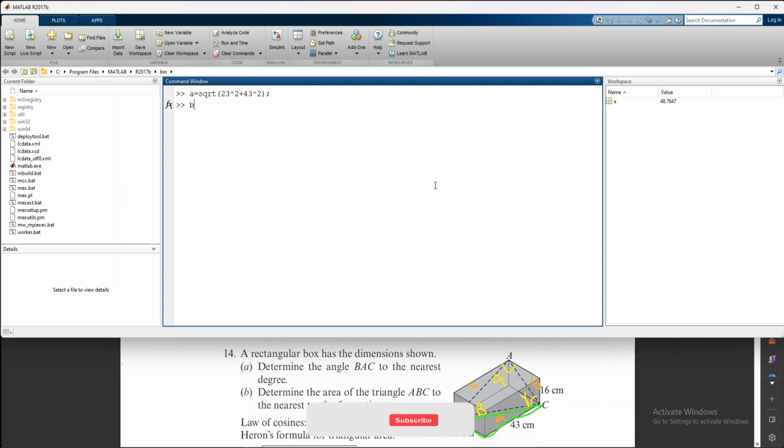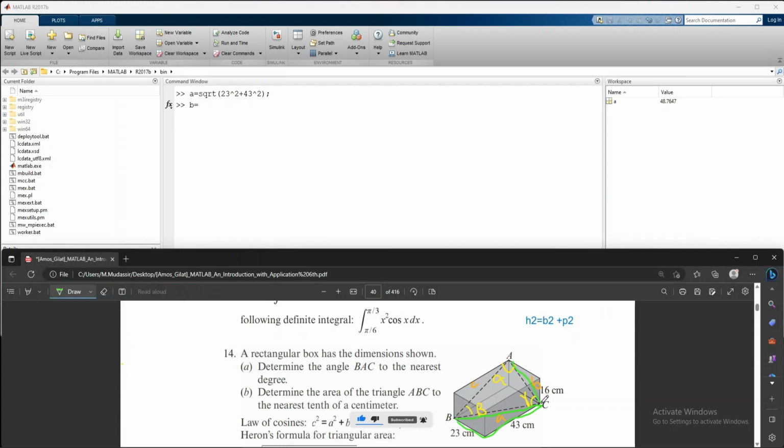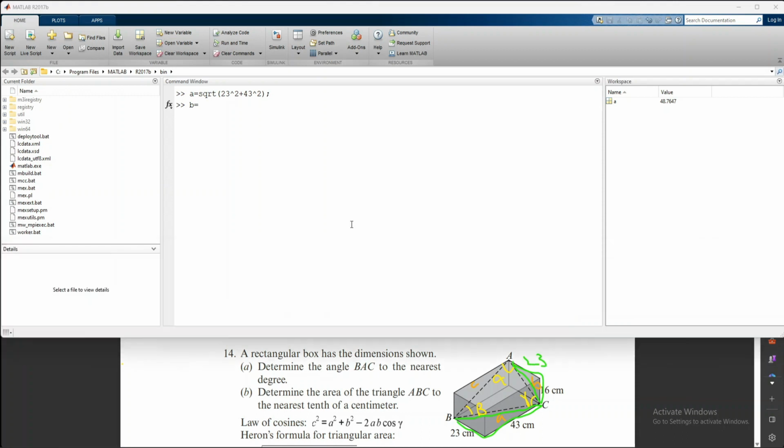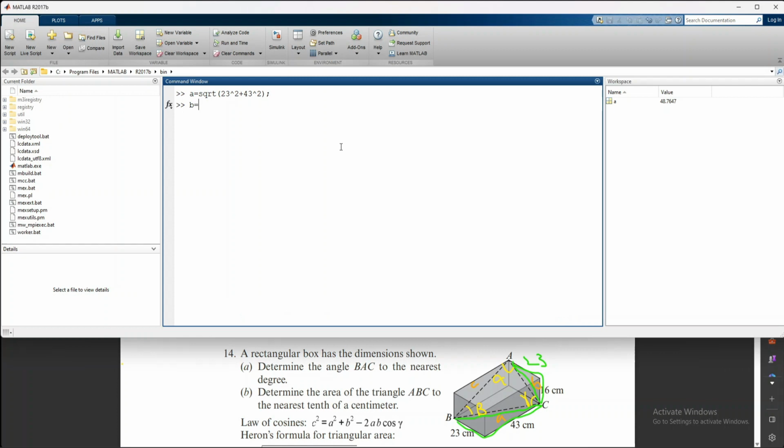Now for b, from here, here and here, this side is equal to 23. So b is equal to the square root, with the same syntax, sqrt of 23 square plus 16 square, bracket close and the semicolon, enter.